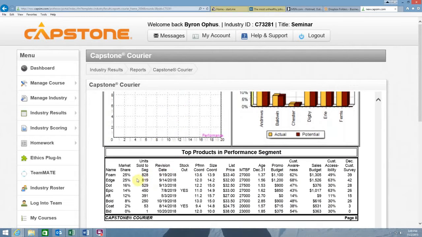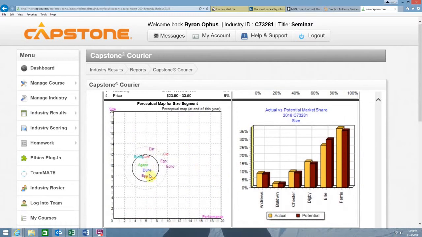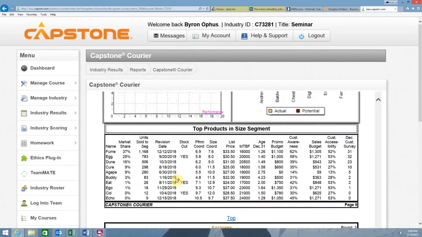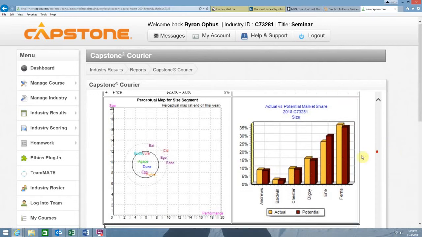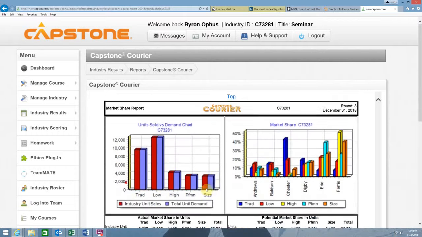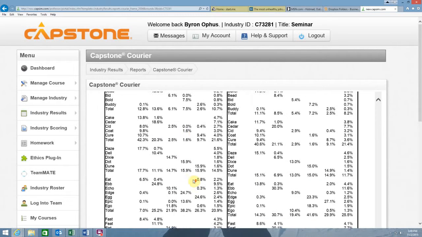Foam, though, is by far the biggest, although Edge did well, sold almost as many, had a little lower price and a few other things, but pretty competitive here in the size segment. But again, Ferris, Erie, this goes right on down. You guys can look at all those. Again, actual versus potential. Use these numbers with the assignment that you're going to have today.